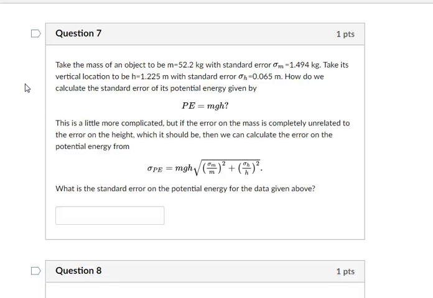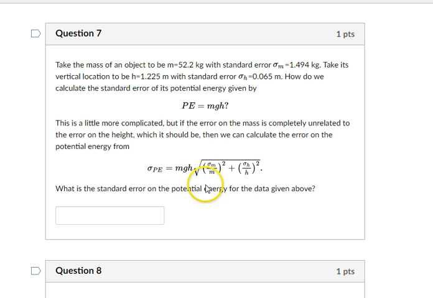If we look at the error on potential energy due to a spread on mass and a spread on height, where potential energy is mass times acceleration of gravity times height, then we find it's the central value mgh times the square root of (sigma m over m) squared plus (sigma h over h) squared.